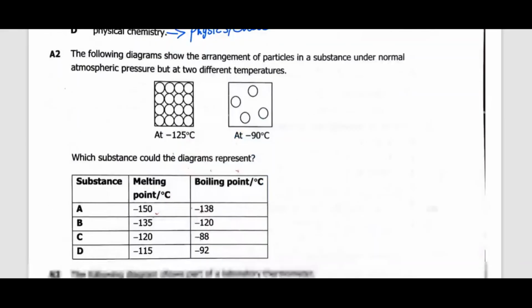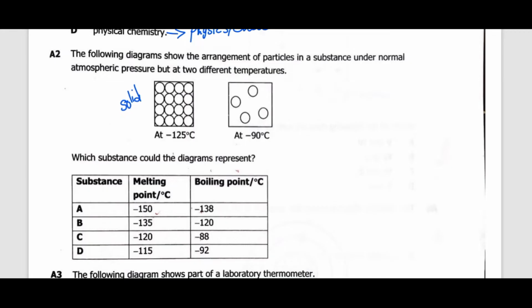So let's move on to question 2. The following diagrams show the arrangement of particles in a substance under normal atmospheric pressure, but at two different temperatures. When the temperature is negative 125 degrees Celsius, this is giving us a solid substance.